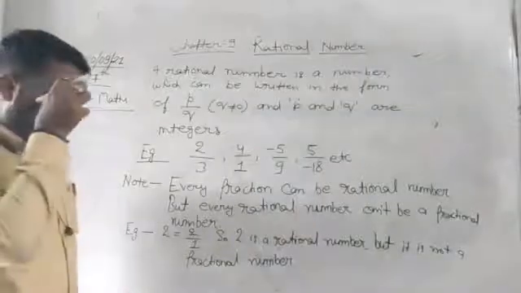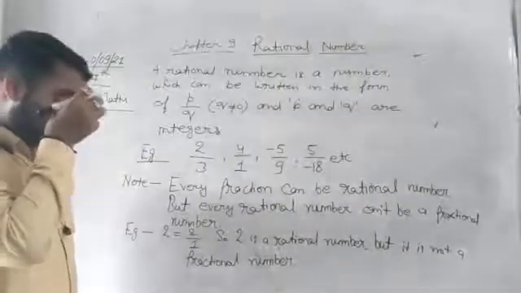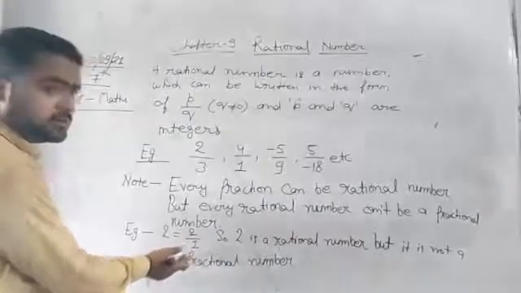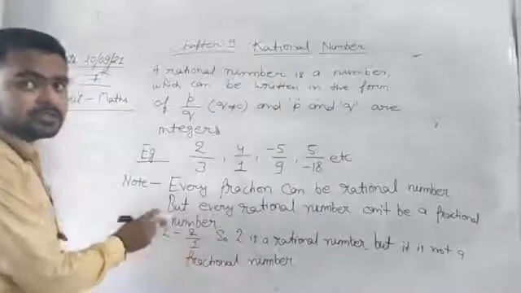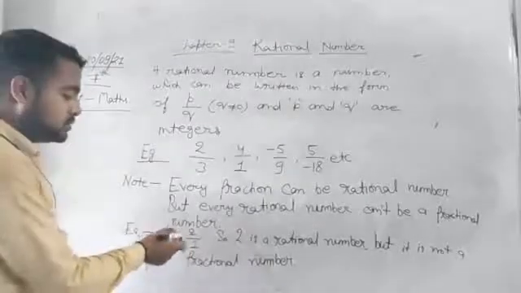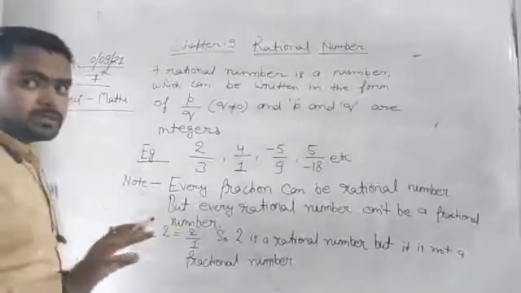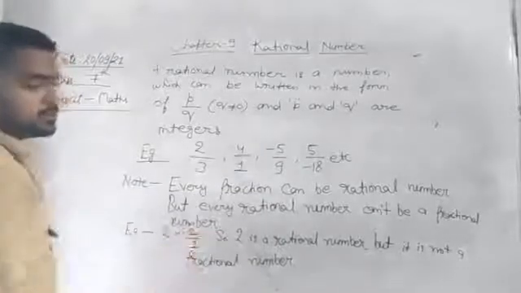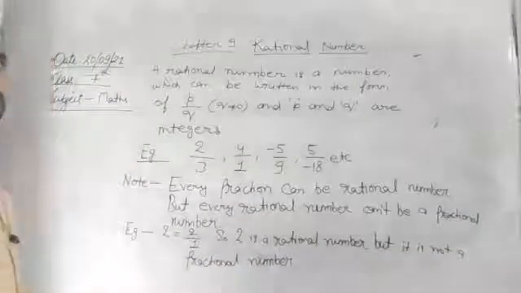It is in the form of a rational number because here q equals 1, which is not equal to 0, and it is an integer also, and p equals 2, which is an integer also. So 2 by 1 is a rational number. All the conditions are satisfied here, but it is not a fractional number. Okay, so now note it down.